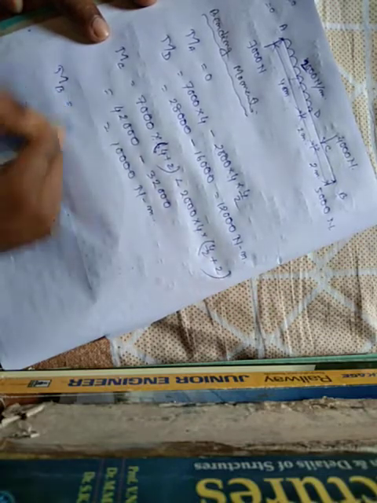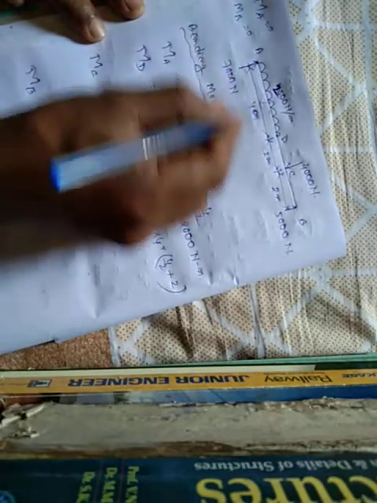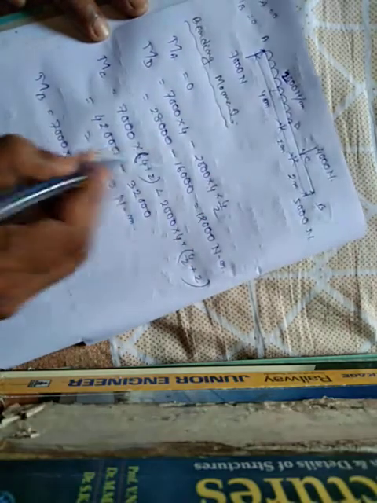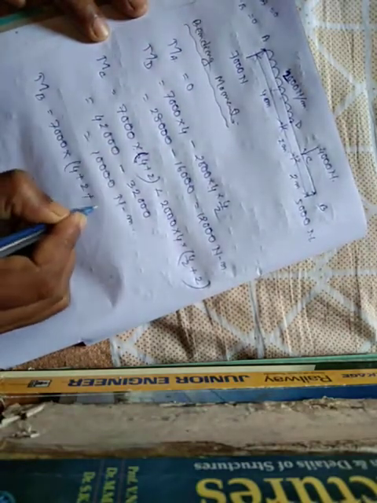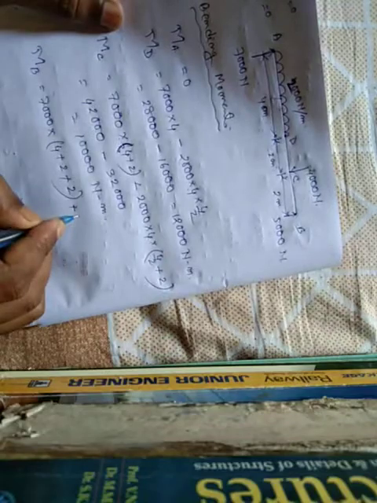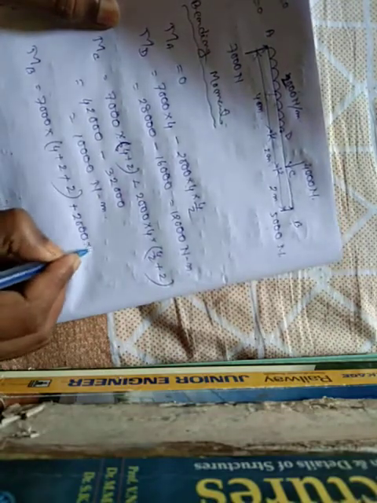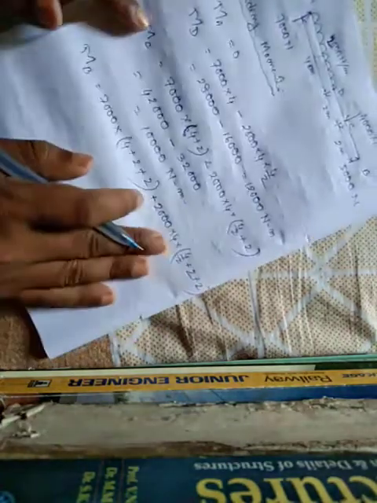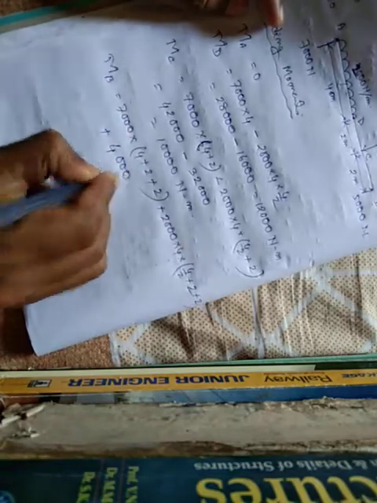The bending moment at point B is 7,000 into the total perpendicular distance, 4 plus 2 plus 2, plus for the uniform distributed load 2000 up to 4 meter length into perpendicular distance 4 by 2 plus 2 also plus 2, plus for this point load 4000 into perpendicular distance 2 meter.